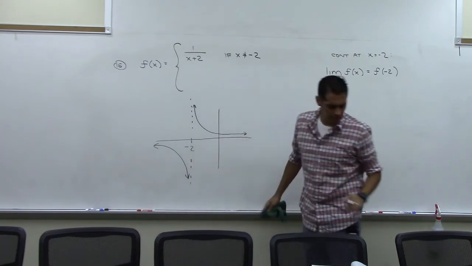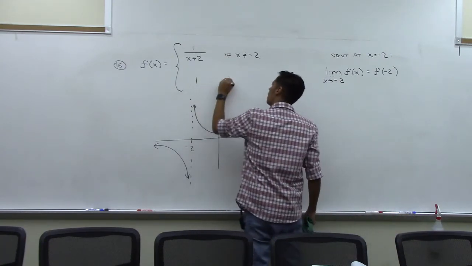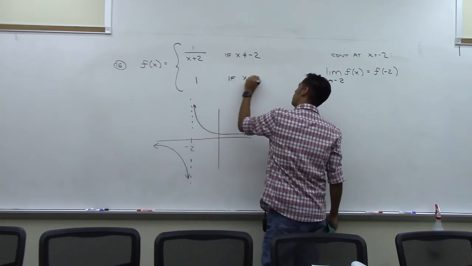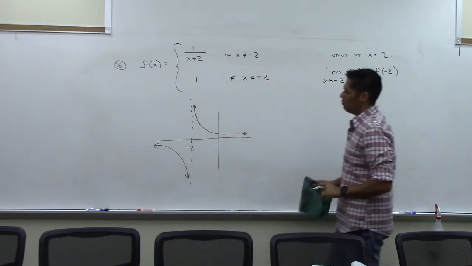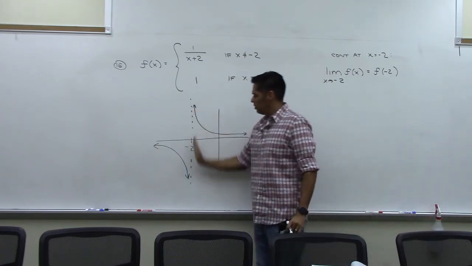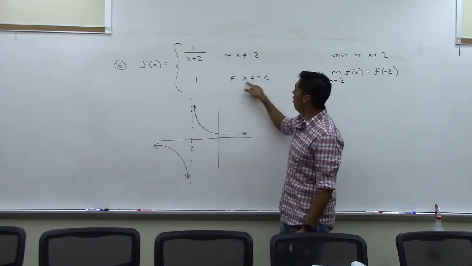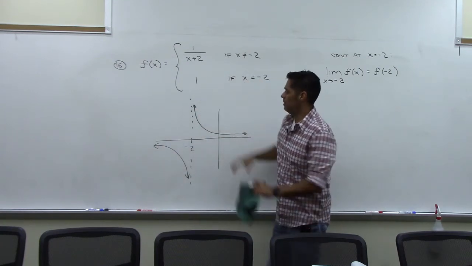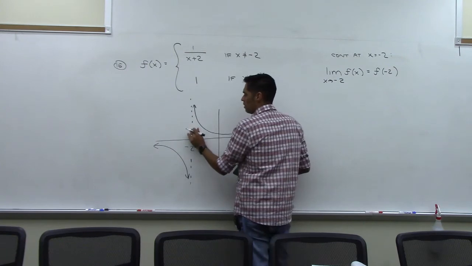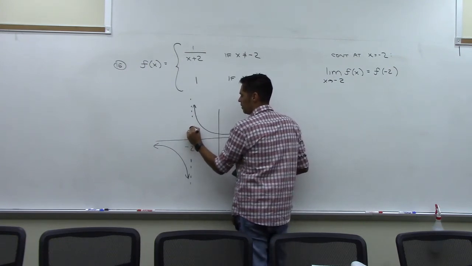And then it says let it be 1 if x is equal to -2. So what happens here? Well, as long as you're not -2, you're going to draw that function, which is what we have right here. But if you are -2, they're going to define it to be 1. So you still have this vertical asymptote, but we're defining the function here to have a solid dot.